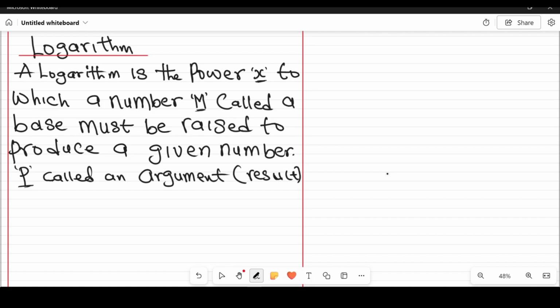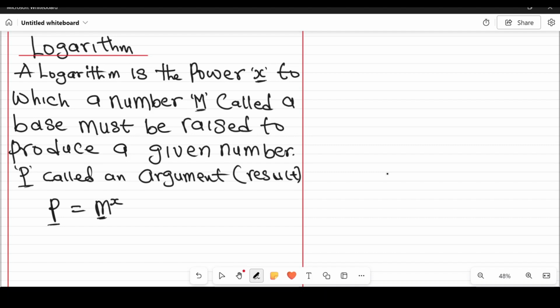Now, suppose we have an equation: p equal to m raised to the power x. We are saying that in this equation, our logarithm is the exponent. So here x is known as the exponent, and our base here is known as m, while the result of this exponential expression gives us our argument or the result.